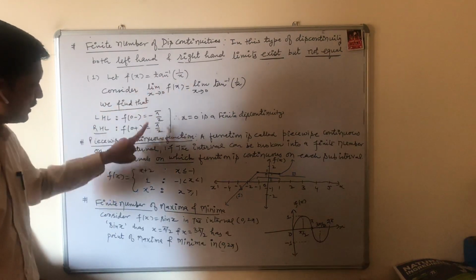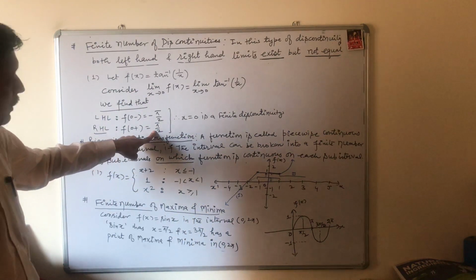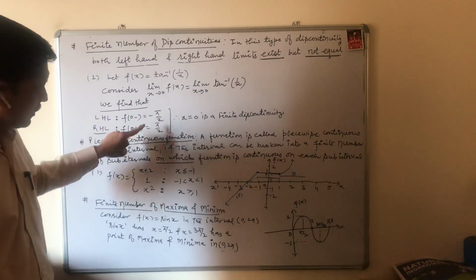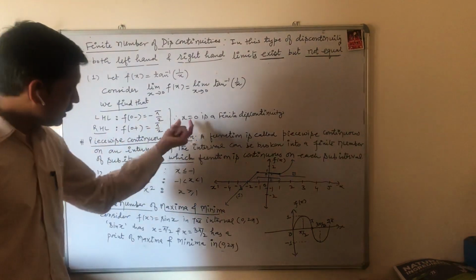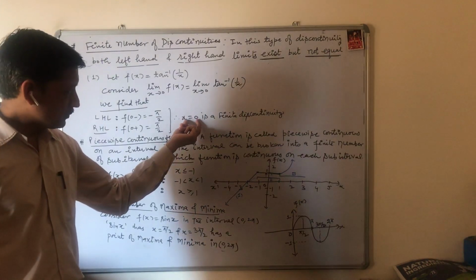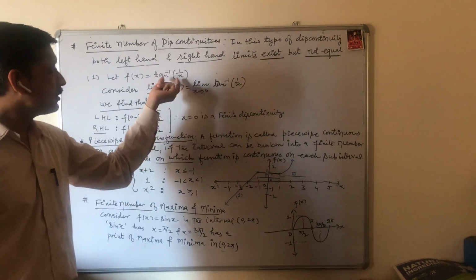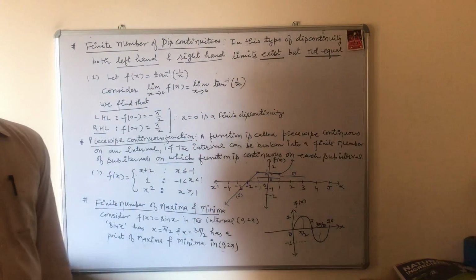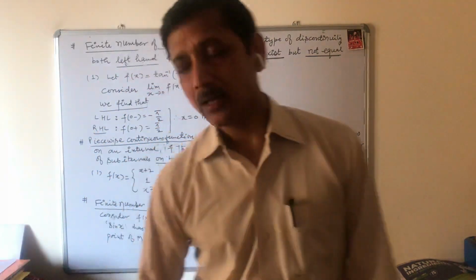The right hand limit of this function is pi by 2, which shows that both limits exist finitely but are not equal. Therefore, this point is a finite discontinuity for this function. Any doubts? Okay.